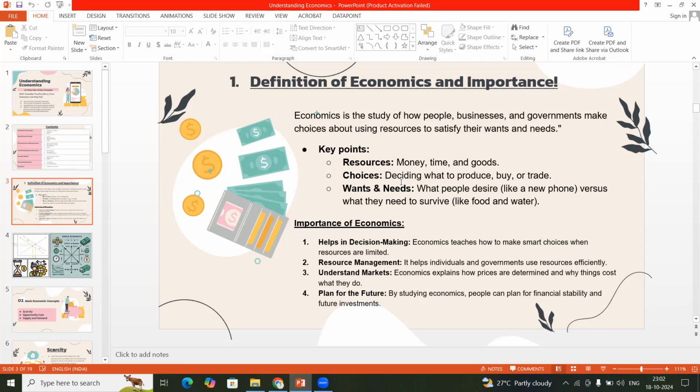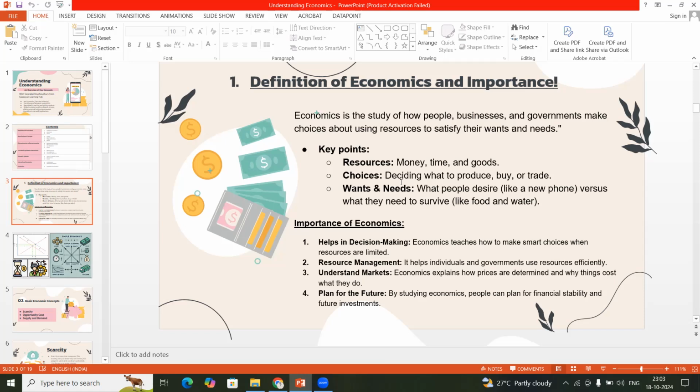This is the question. So here comes the limitation of my resources. What is the limitation here? My money. That is my binding factor, which is restricting me in getting those goods.